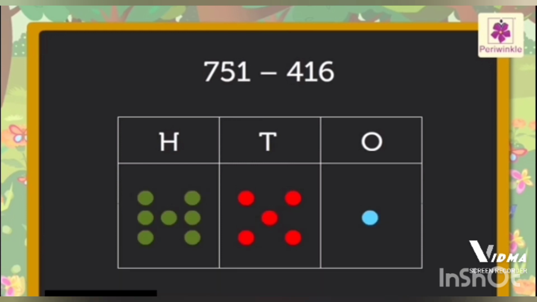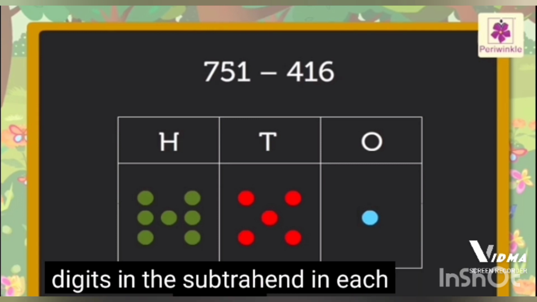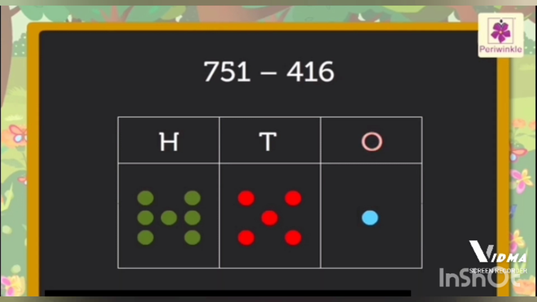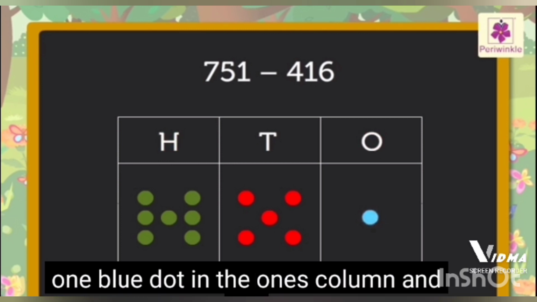Now, let us cancel the dots equal to the digits in the subtrahend in each column, starting with the dots in the ones column first, then the dots in the tens column, and lastly the dots in the hundreds column. But look, there is only one blue dot in the ones column, and we need to cancel 6 blue dots.